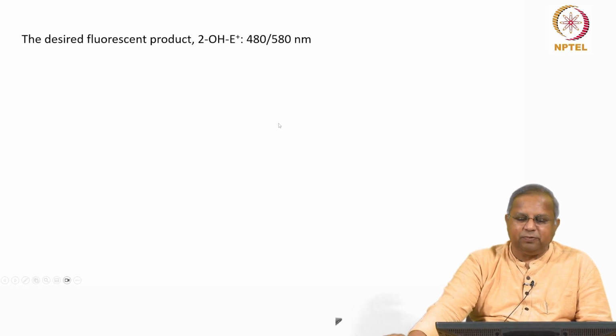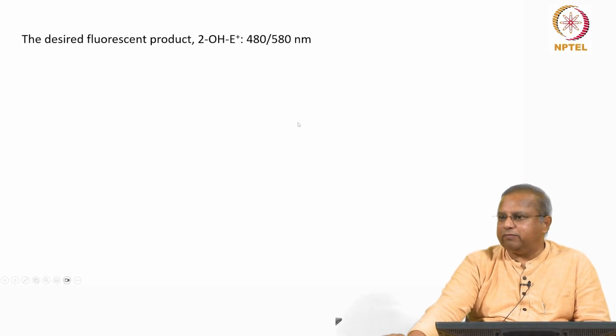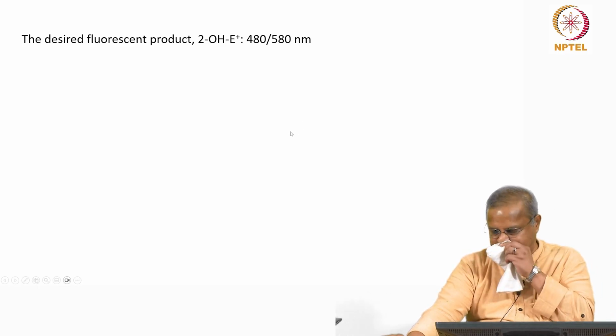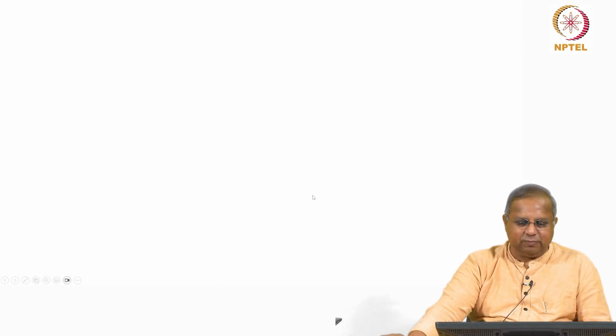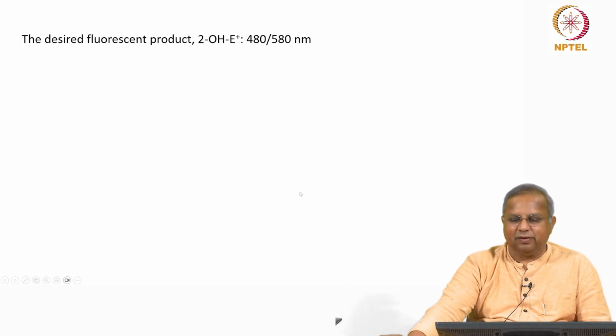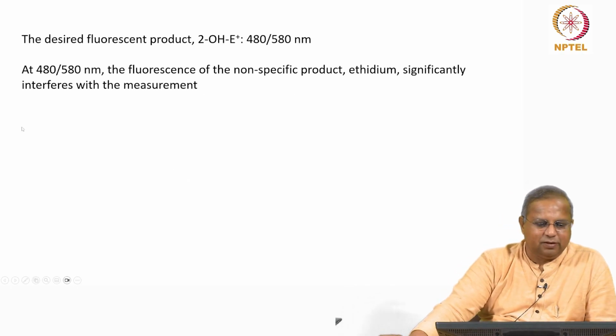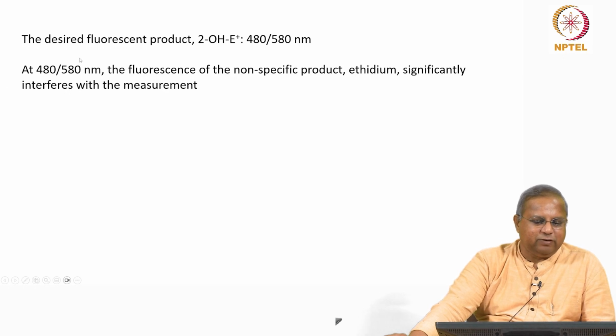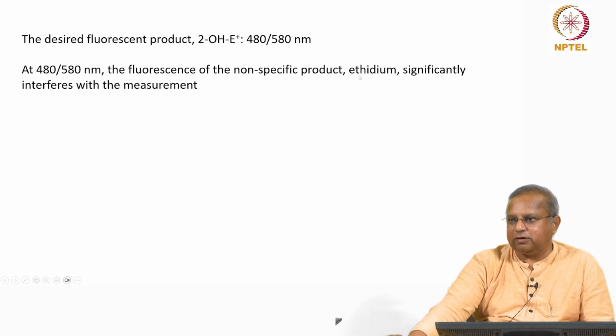The desired end product, its optimal wavelength pair is 480-580, whereas we are measuring it at 405-570. However, at 480-580, the fluorescence of the non-specific product, such as ethidium, will significantly interfere with the measurement.